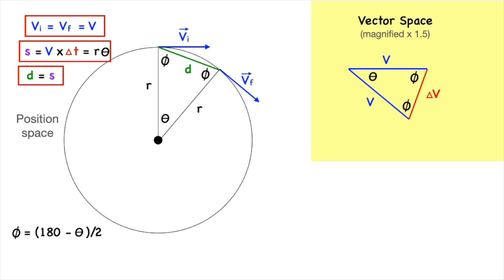So now it's clear that the triangle in position space and the triangle in vector space are similar isosceles triangles. That means that the ratio between any two sides of one triangle equals the ratio between the two corresponding sides of the other triangle.